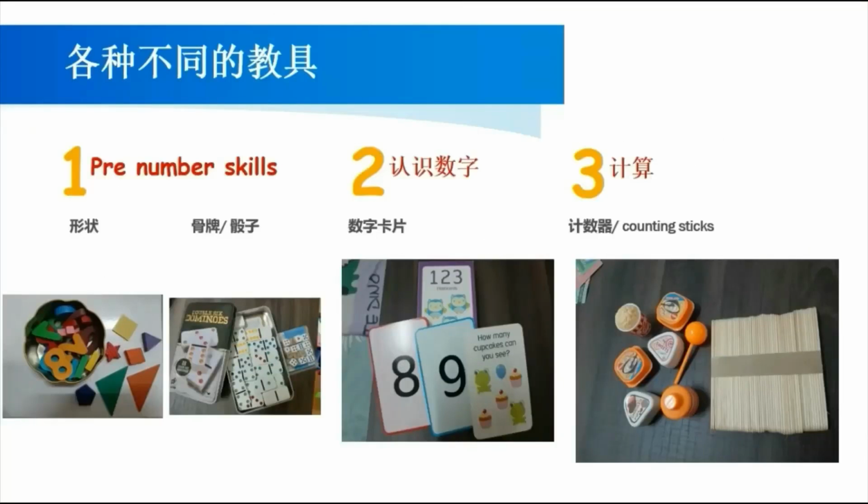Actually, in reconnecting learning, we have developed our teaching strategies using different learning materials. For example, when we are teaching shapes, we use different shapes. When we are teaching pre-number skills, we use dominoes and dice, and when we are teaching numbers, we use number cards, and we use the counter stick and the counters to teach counting.